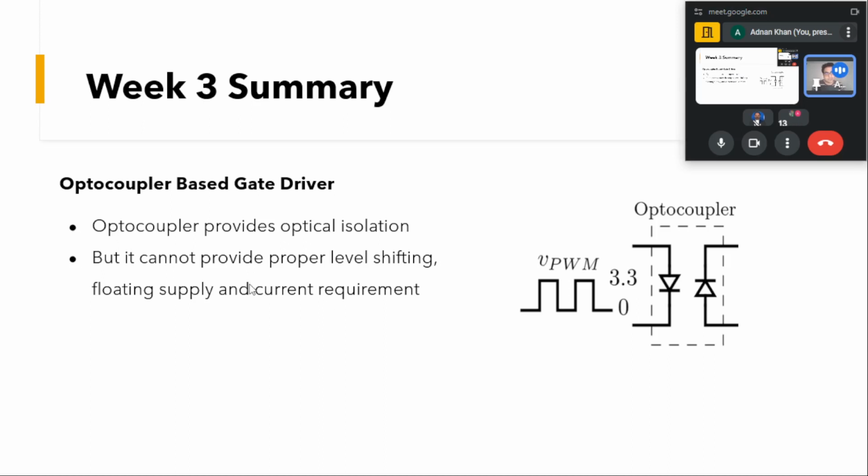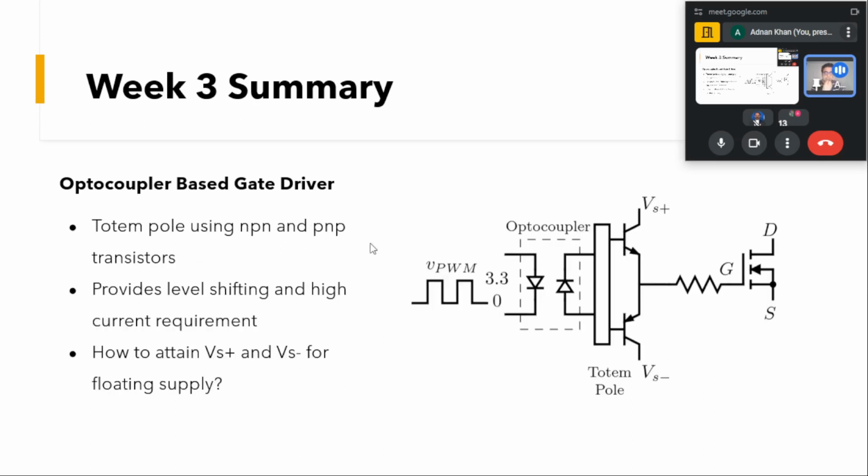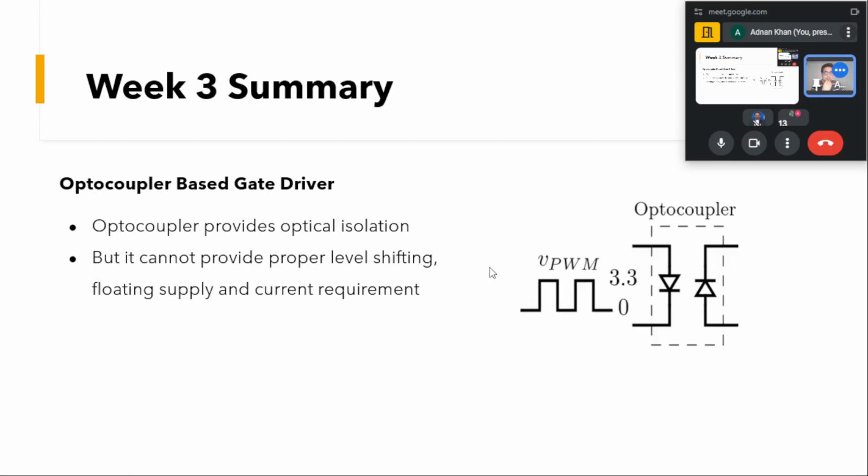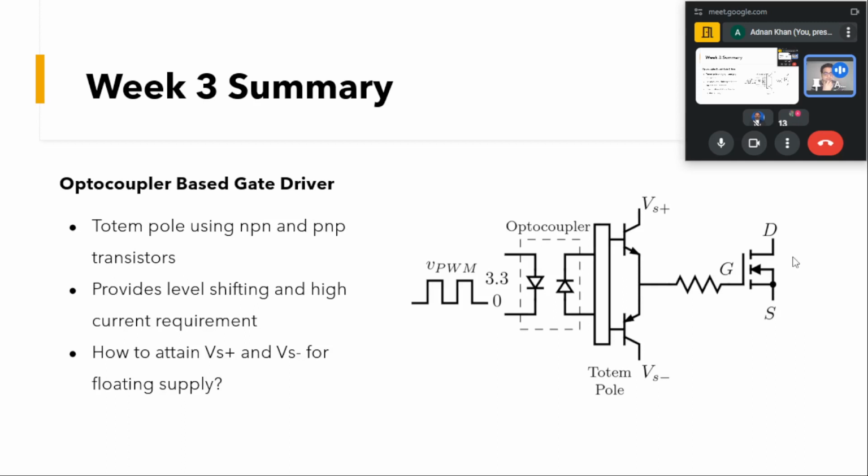I also said that to turn on this particular device we require higher currents, and usually these diodes in the optocoupler may not have those current levels to drive a particular device. Now we will look into these problems and how we will tackle them. One way to provide a proper level of voltage to drive this switch is a totem pole configuration.